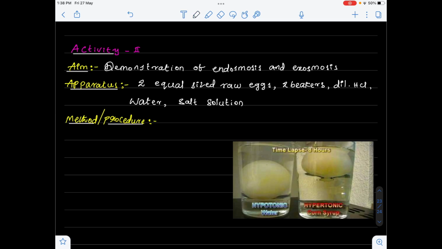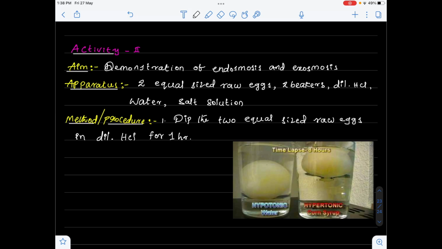Now let me write here. The first step is dip the two equal sized raw eggs in dilute hydrochloric acid for 1 hour, and here we know that the egg shells are made up of calcium carbonate.